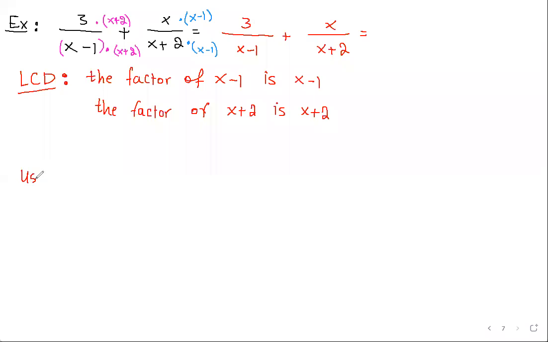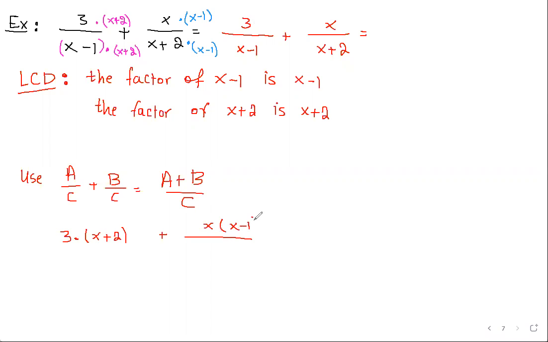So using the property, the first one is 3 times x plus 2, plus the second one, x times x minus 1.